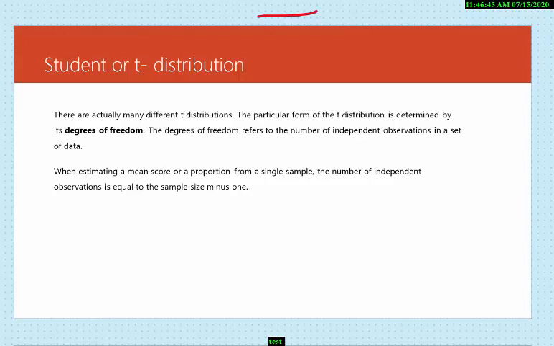Each curve in the T distribution has two identifiers. The one of the identifiers that we care about right now is called degrees of freedom. The degrees of freedom is related to the size of your sample by this formula.